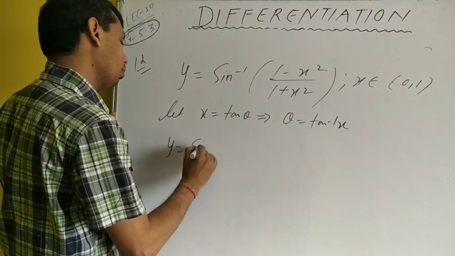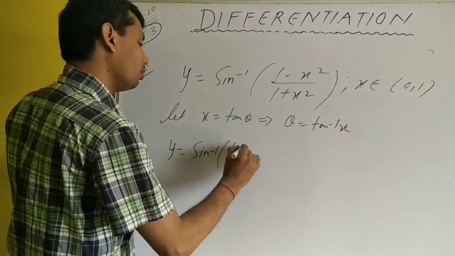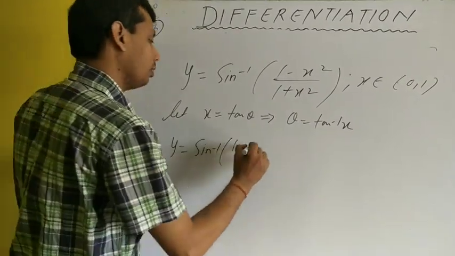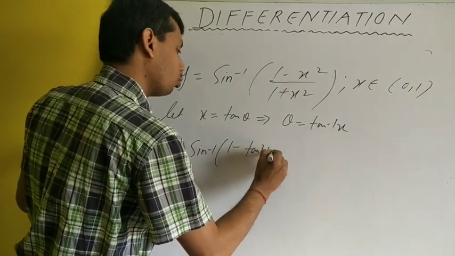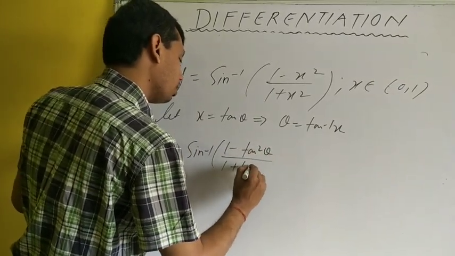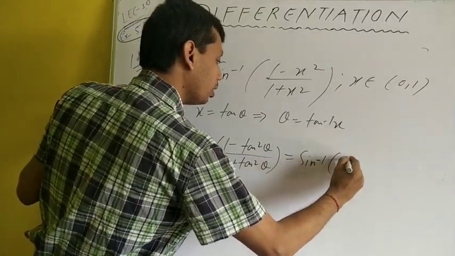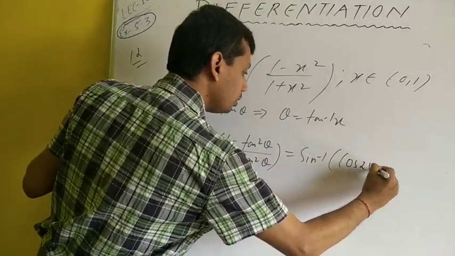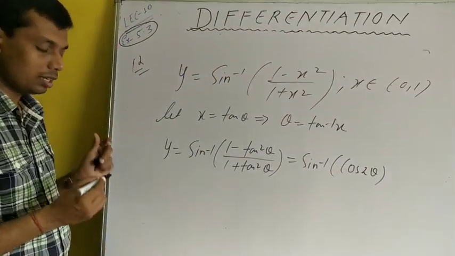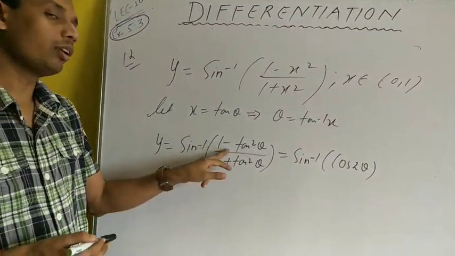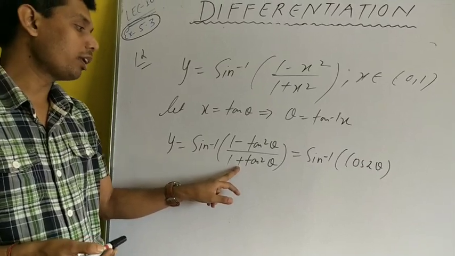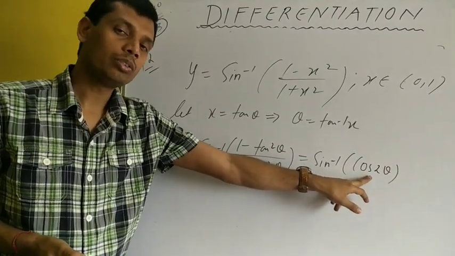Now y is equal to sine inverse of (1 minus tan square theta) upon (1 plus tan square theta), or sine inverse cos 2 theta. Just now we have discussed that the value of (1 minus tan square theta) upon (1 plus tan square theta) is equal to cos 2 theta.